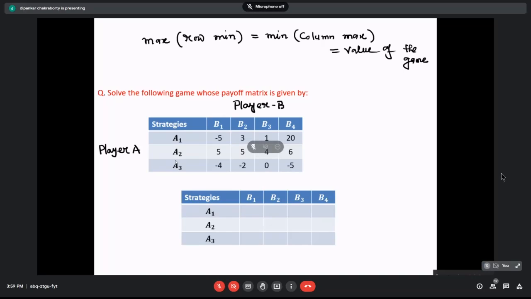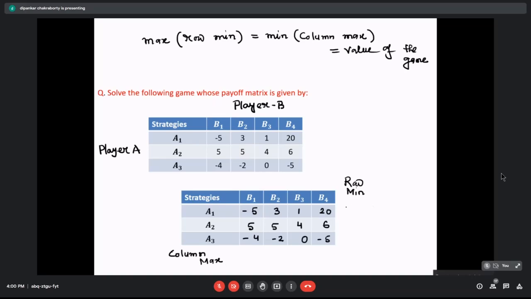Yes, sir. So now, first of all, I'm just writing it here again: minus 5, 3, 1, 20, 5, 5, 4, 6, minus 4, minus 2, 0, minus 5. So first of all, as I mentioned to you, we are going to find the row minimum, and we are going to find the column maximum, right?